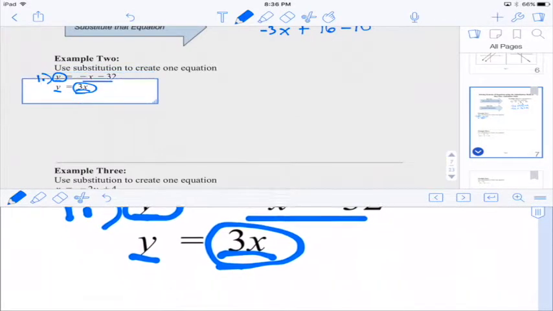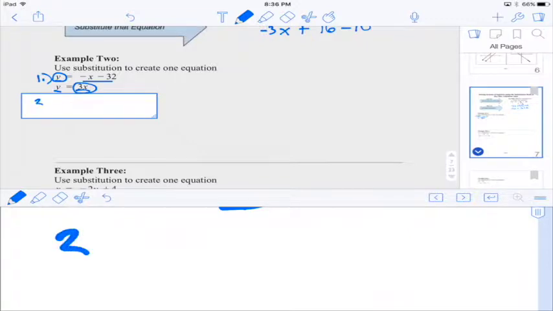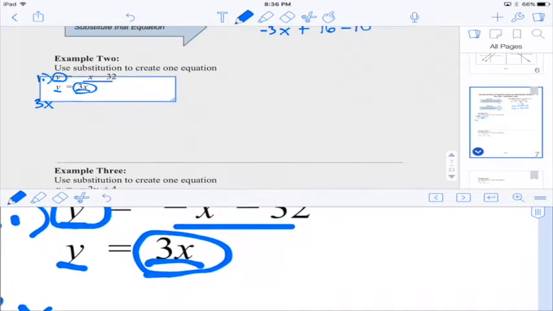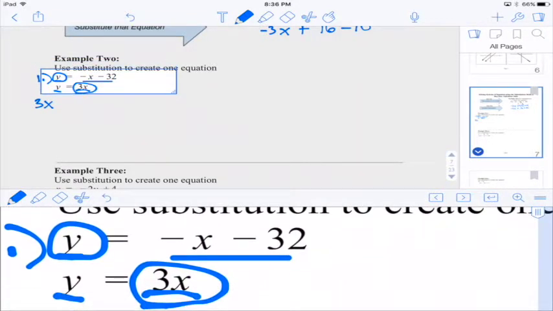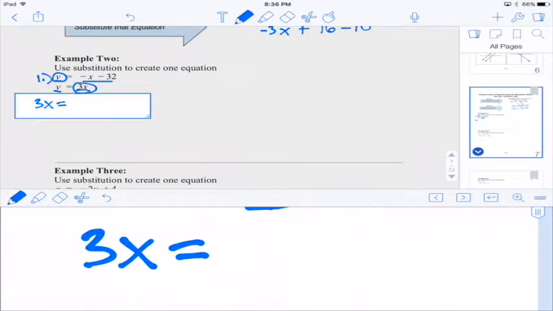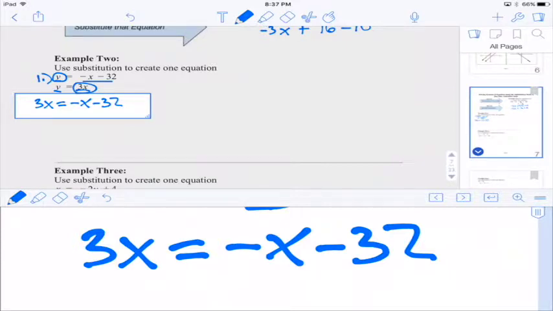So instead of y in my first equation, I'm going to write 3x, right? You see that substitution I just made? And then that's still equal to negative x minus 32. See what I'm doing? I'm replacing the y, and now I only have an equation with x in it.